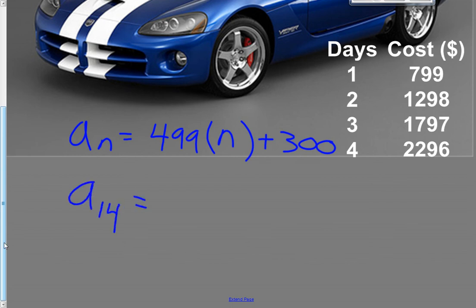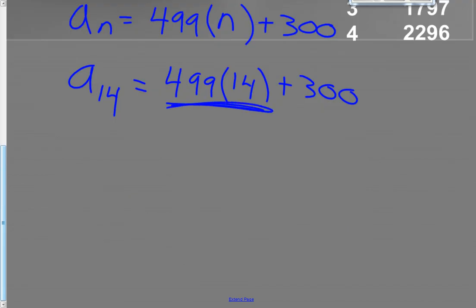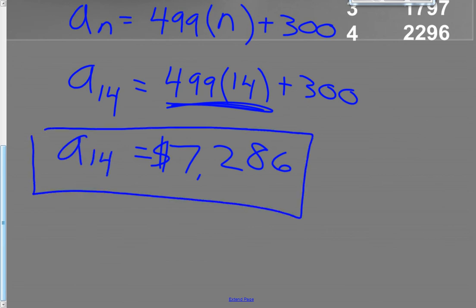A sub 14 equals $4.99 multiplied by 14 plus 3. Put that in your calculator, 4.99 times 14 first, and then add 3, and what do you get? It would cost you $72.86 to rent that car. In my opinion, I would rather spend my money on something else. But if you like driving Dodge Vipers, there you have it.